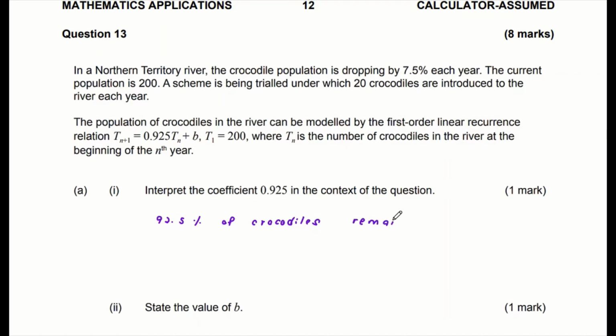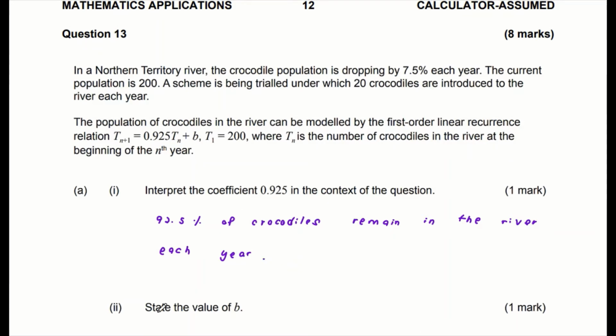So that's the idea because 7.5% dropping, right? We don't know whether it's dead or it's living or what. But the idea here is we know that you only are left with 92.5% in the river for each year. Okay, so that's the way that you interpret it. So basically, you are just telling the people what is the meaning of the 0.925 here.